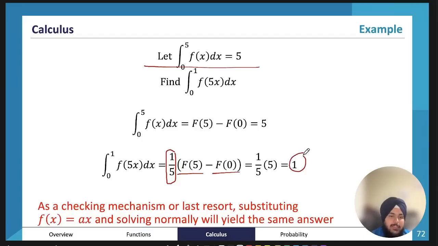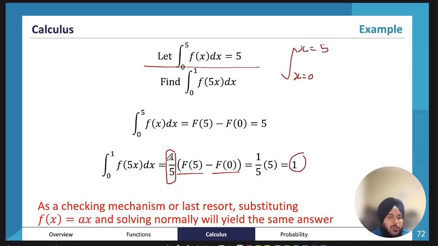So that question is definitely a little bit more complicated. What I usually do is, we need to know that these limits are actually for x. So this is x equals 0, and this is x equals 5.